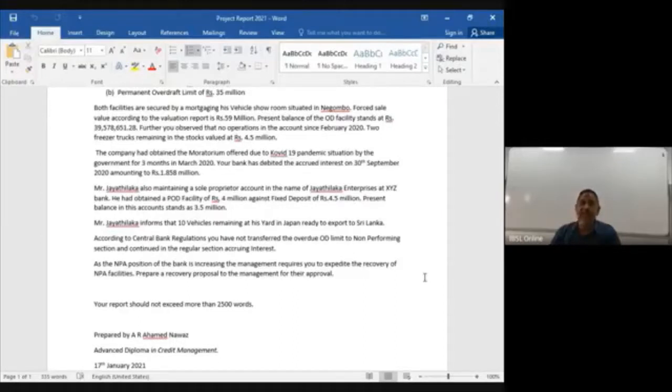But here I have given a very simple recovery problem with the current situation and current problems in the environmental factors: the current COVID-19 situation and the situation in the country, our economic situation, our foreign exchange position, and the government policies. All these things have to be discussed before you come to a conclusion.